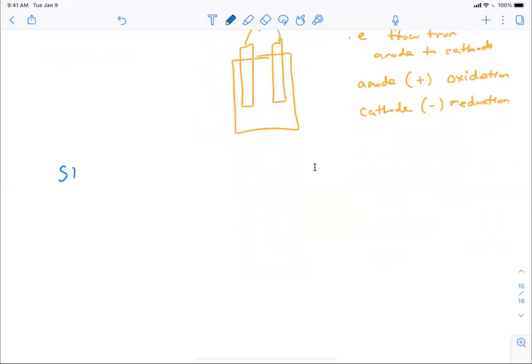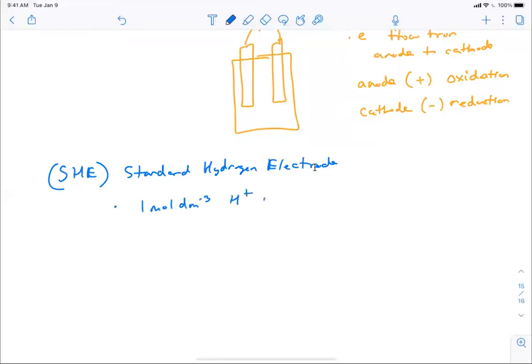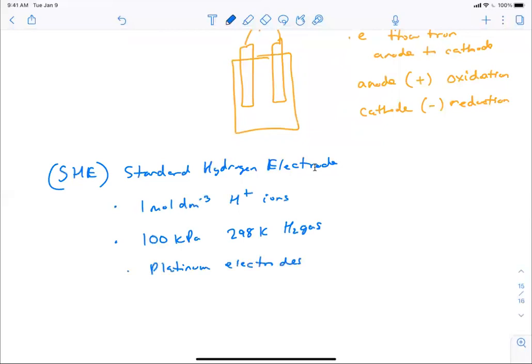For higher level, things you need to memorize: the standard hydrogen electrode. You need to know the characteristics of it, meaning 1 mole decimeter cubed of H+ ions, 100 kPa, and 298 Kelvin, H2 gas, and platinum electrodes, or inert electrodes, either way.